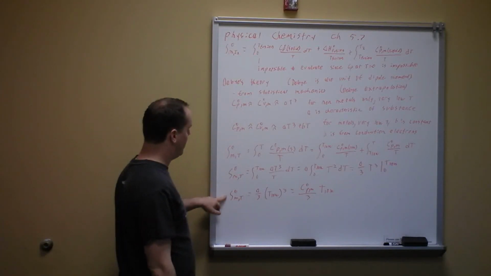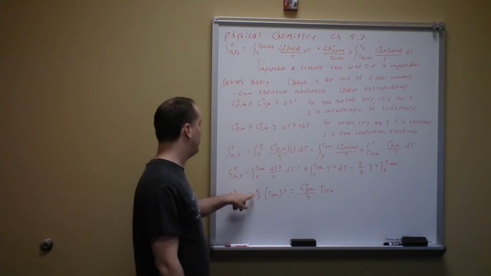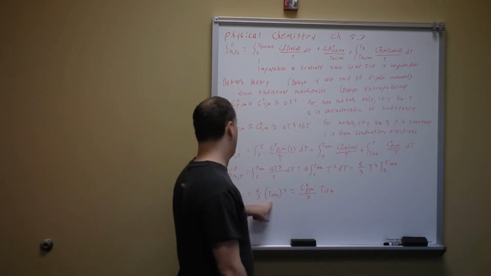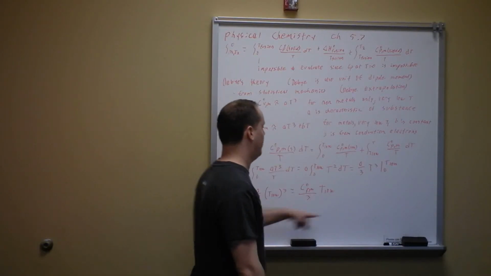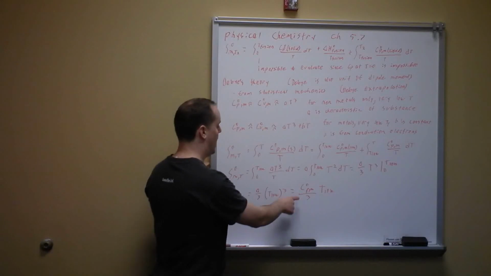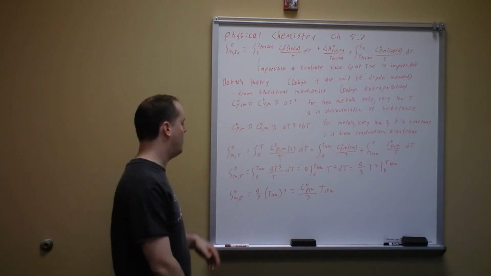So then we have the molar entropy at temperature T and 1 bar is equal to A over 3 times the low temperature cubed, because obviously 0 cubed would be 0. And so that's equal to the Cp molar standard divided by 3 times temperature low.